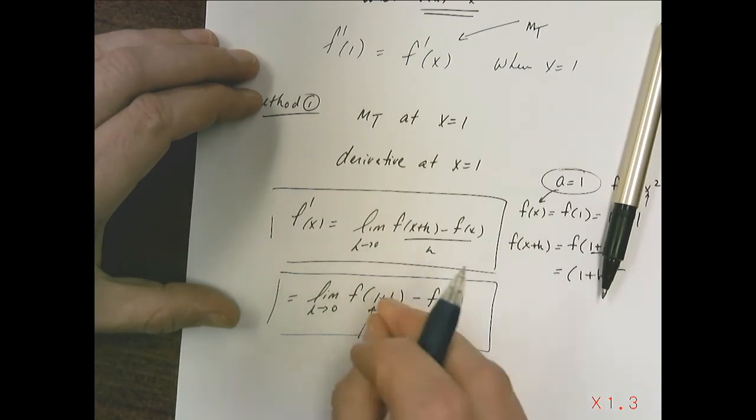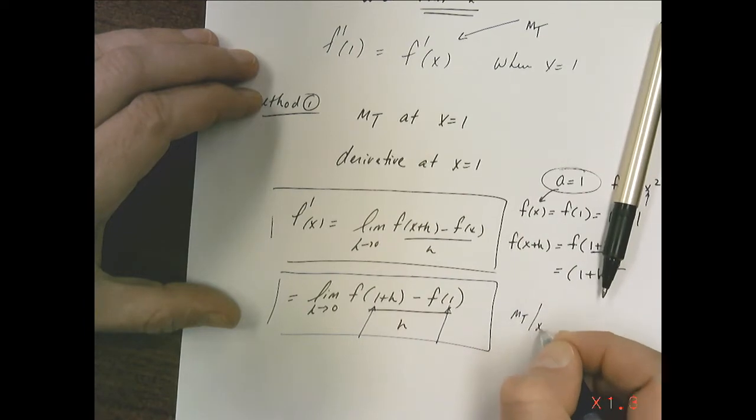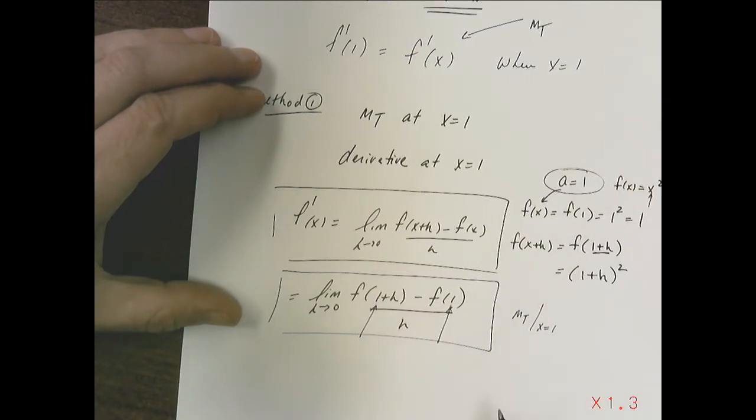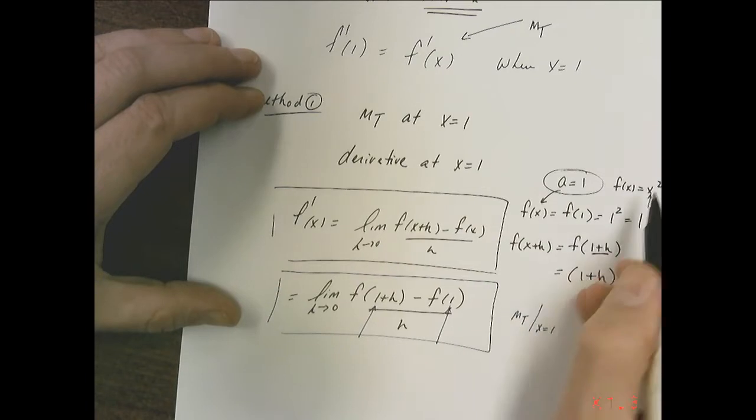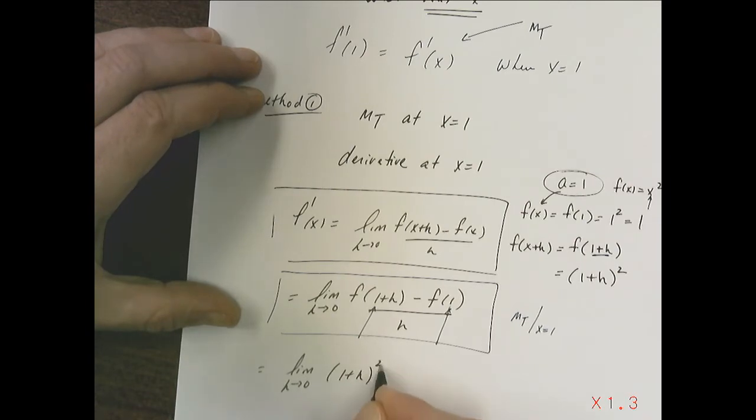This is the derivative at x equals 1. So it is the slope of the tangent at x equals 1 that I'm setting up. Knowing that f of x is x squared, we can go farther. It's going to be the limit as h approaches 0 of 1 plus h squared minus 1 squared over h.